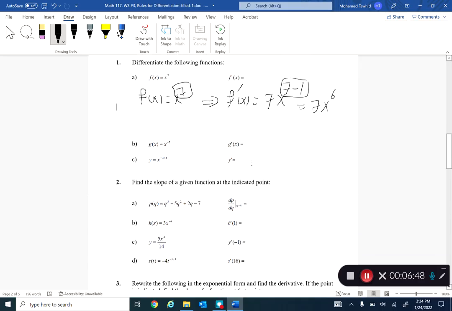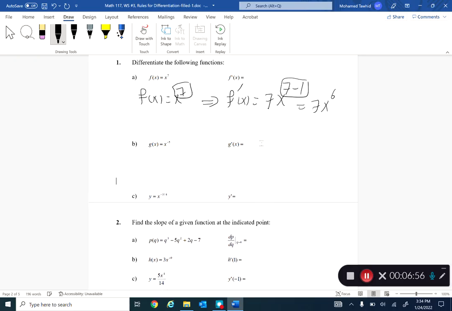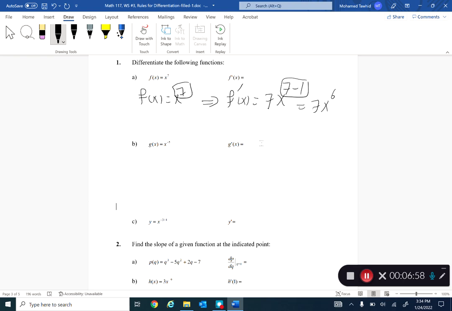So let me solve this other one here. x to the power minus 5. If I try to have x to the power minus 5, then what is the derivative of x to the power minus 5? So you have g of x equal x to the power minus 5.